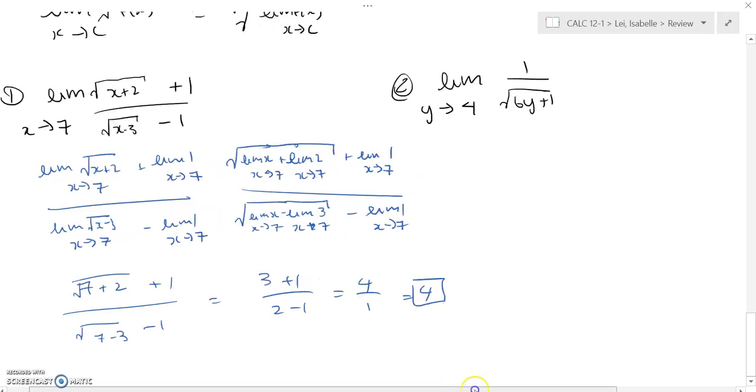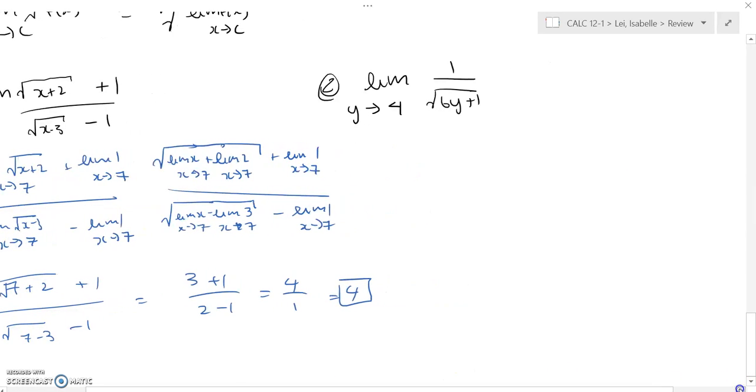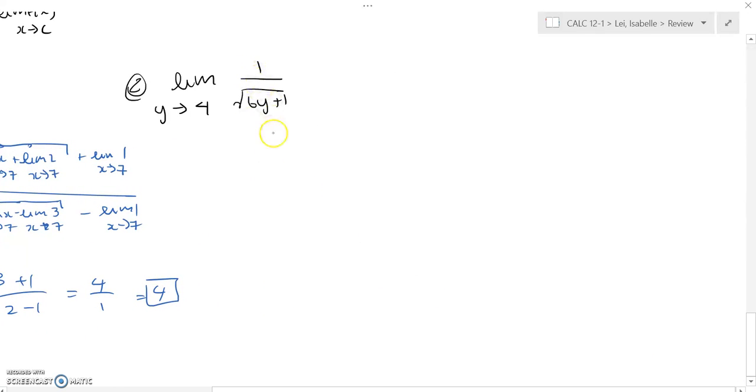And so we move to the very last question of this video, the limit of 1 over root 6y plus 1. So this is the quotient rule and root rule. Pretty straightforward. We can separate this into the limit of 1 as y approaches 4 over the root of the limit of 6y plus 1 as y approaches 4.